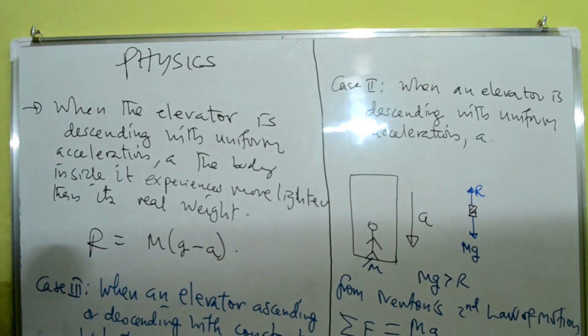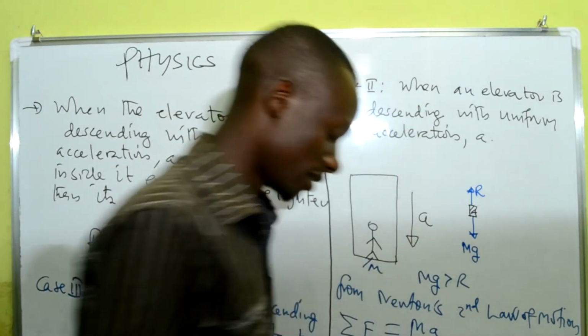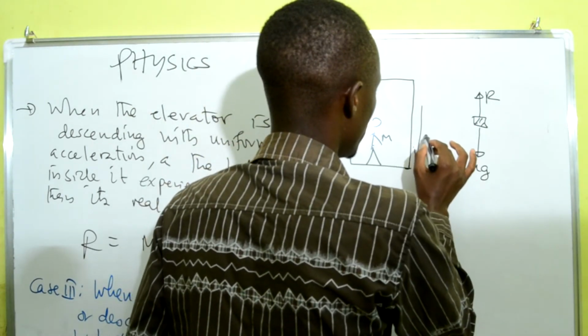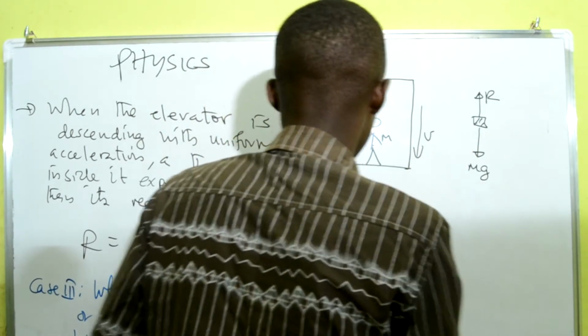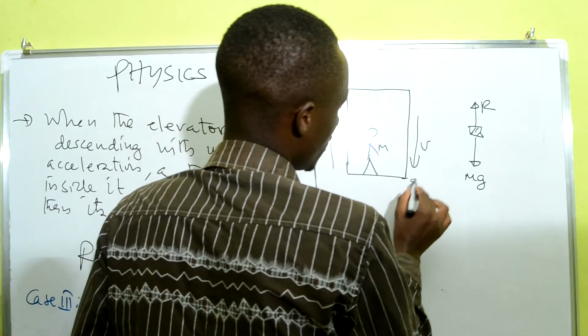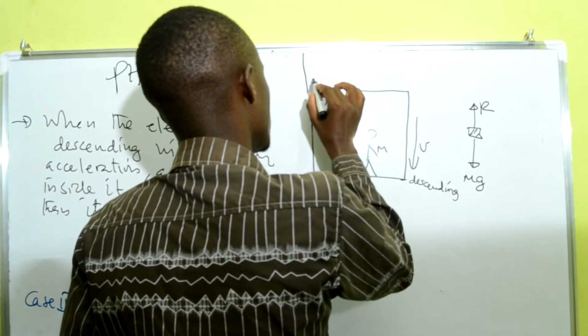When an elevator is descending with the constant velocity v or ascending with the constant velocity v.